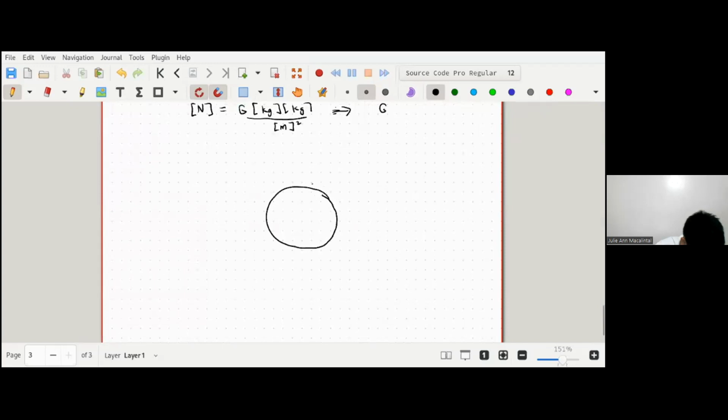If you're on the surface, maraming objects na nag-act gravitationally on an object on the surface. You have the whole Earth. You have the planets. Actually, everything interacts gravitationally with an object. The sun also interacts gravitationally.